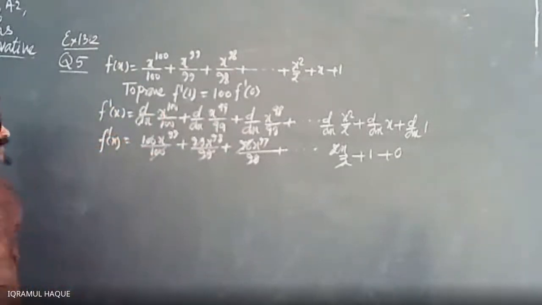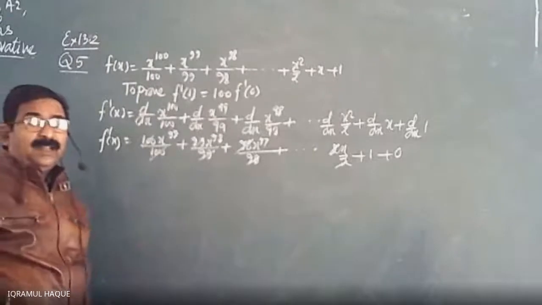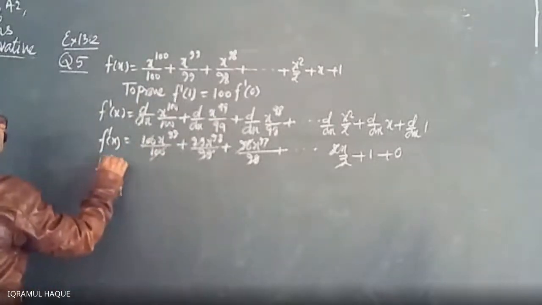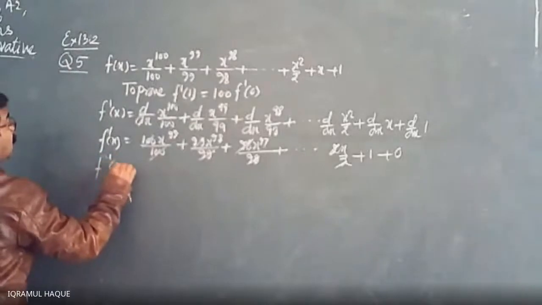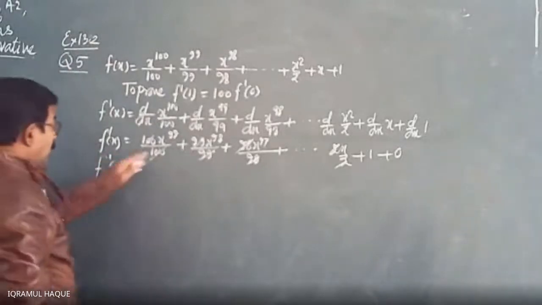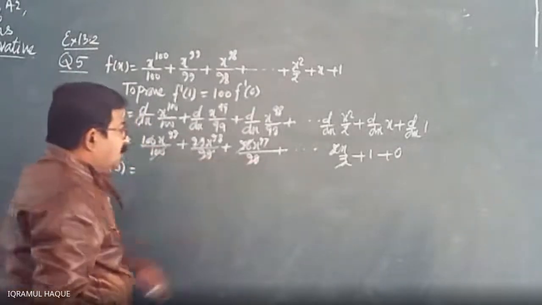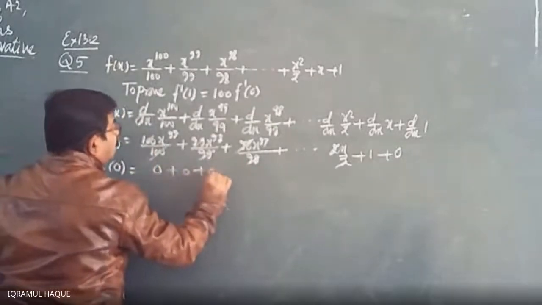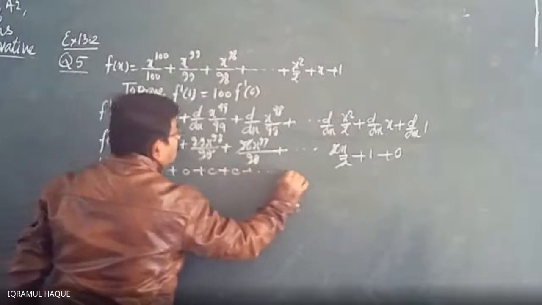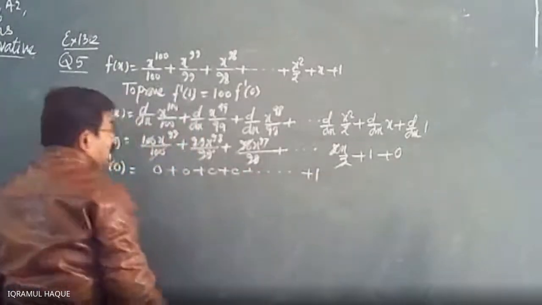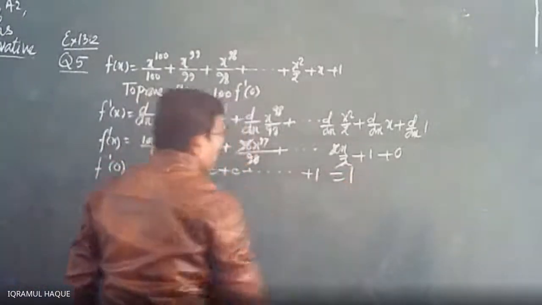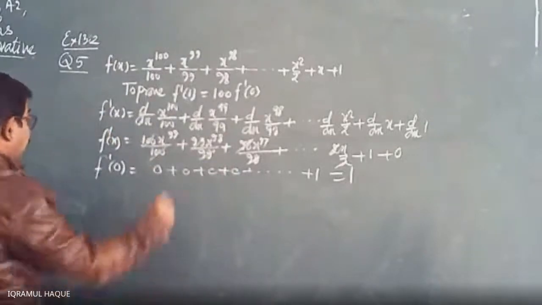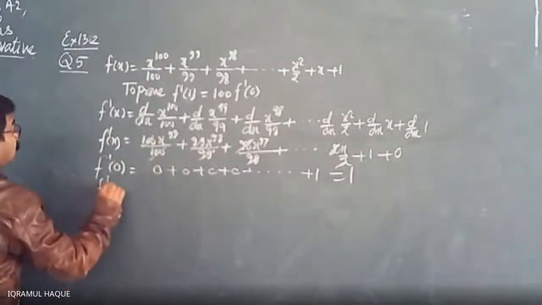Now find f dash 0. So in place of x we'll write 0. So we have 0 plus 0 plus 0 plus 0 plus so on plus 1 is equal to 1. Now we find f dash 1.